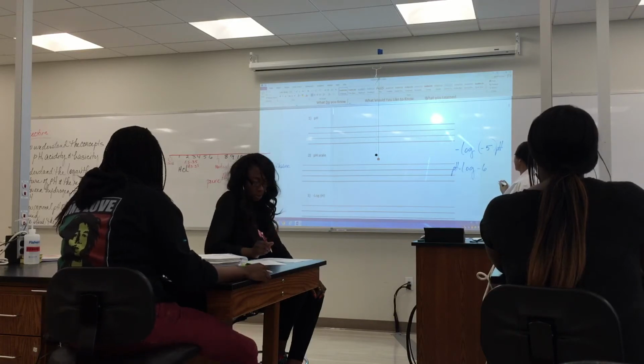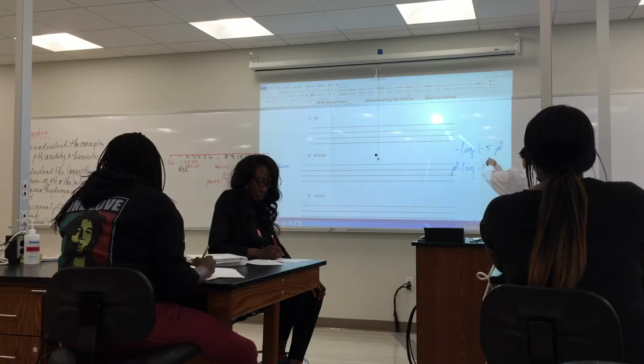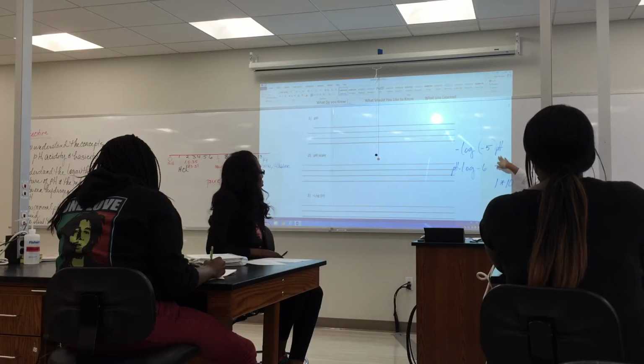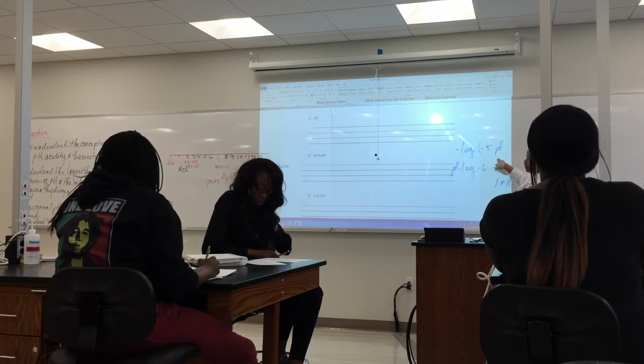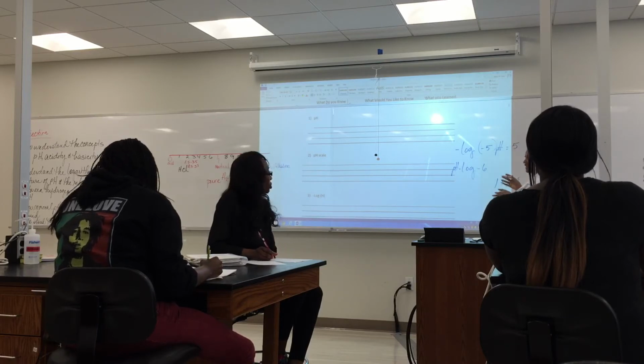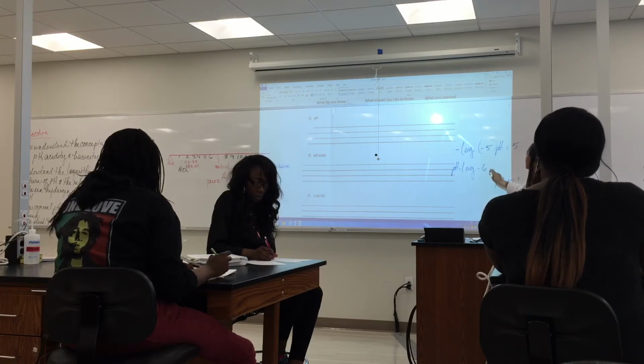So 1 times 10 to the -5th is what this would be, right? So when we're looking logarithmically at the pH, a -5 would have a pH of 5, because when we bring it out of that bracket, the negative makes it a pH of 5. So the -6 would be a pH of what?